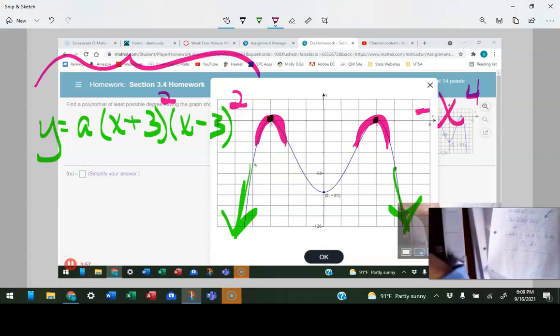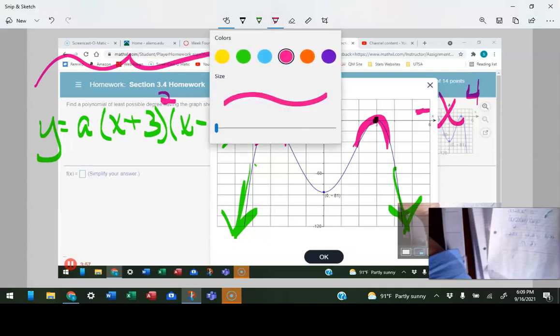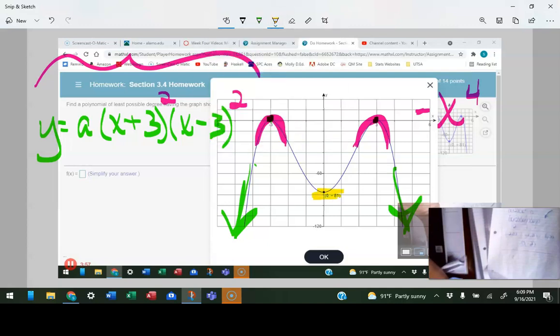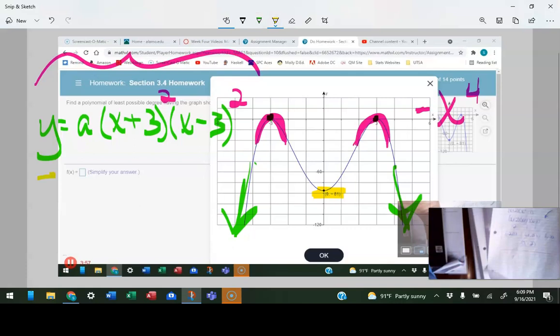So I'm just going to go ahead and concentrate on this right here. And then what I have is y equals, which is a negative 80. Good heavens, hang on. I got distracted. That never happens. Negative 81 is my y-intercept, and that's going to equal a times 0 plus 3 squared, and then 0 minus 3 squared.